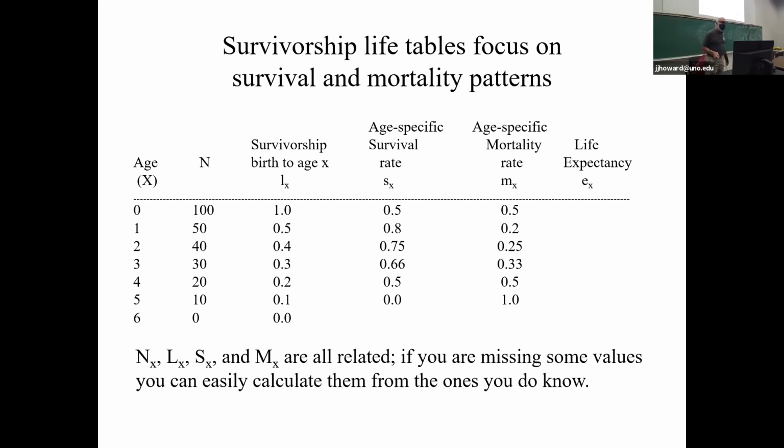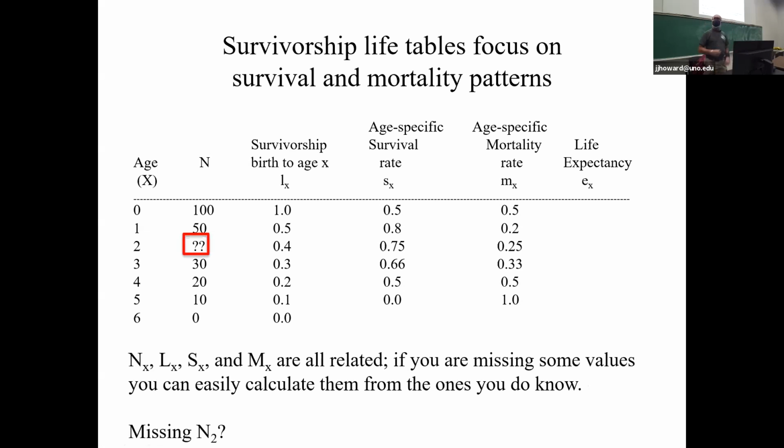And so you can see that the survival column and the mortality column, you add them across, they all add up to 1. 0.75 plus 0.25, 0.66 plus 0.33 with rounding error, of course. 0.5 plus 0.50 is 1. And so these numbers are fairly easy to figure out. If you're missing something, you can easily calculate whatever is missing.